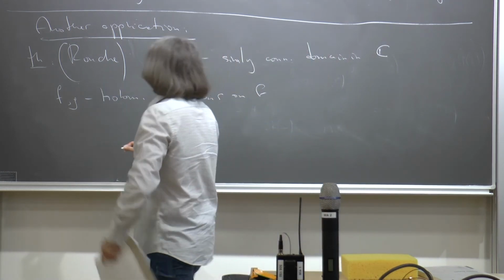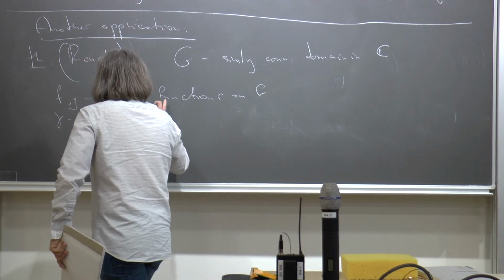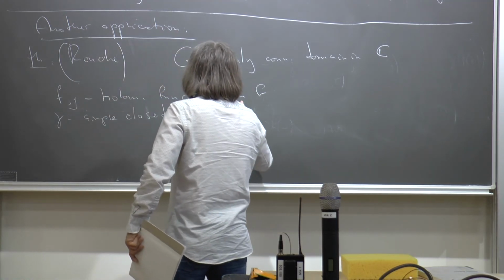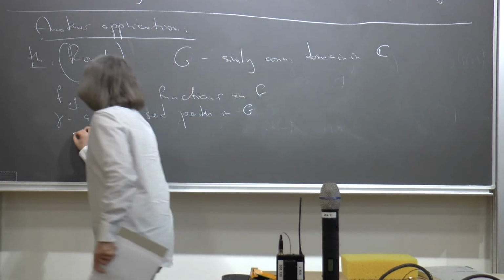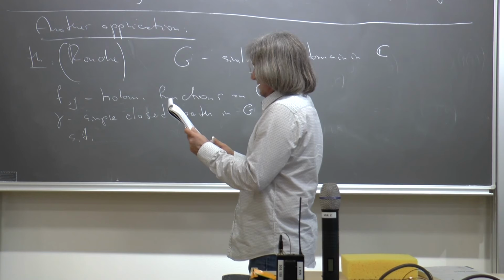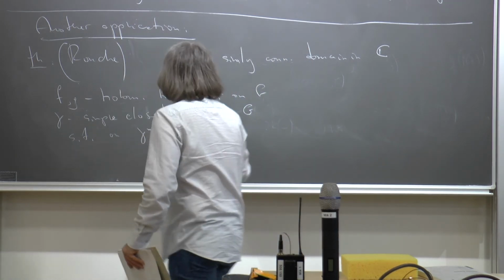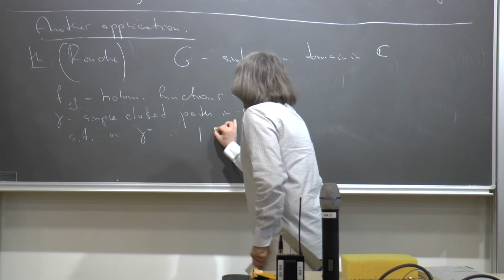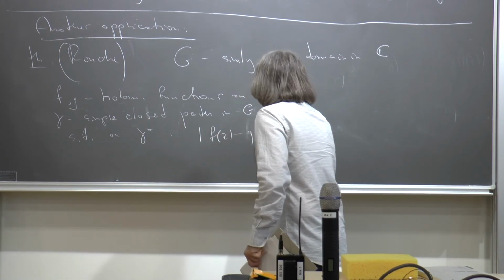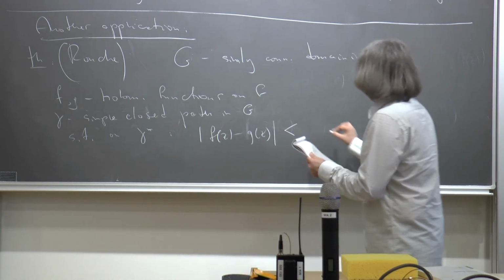So now gamma is a simple closed path in G such that on gamma star we have that the absolute value of f of z minus g of z is strictly less than the sum.